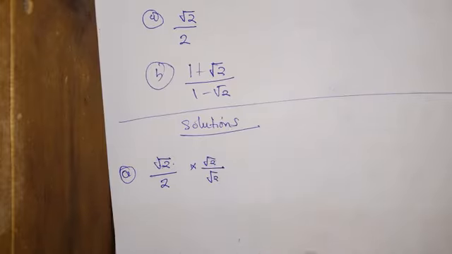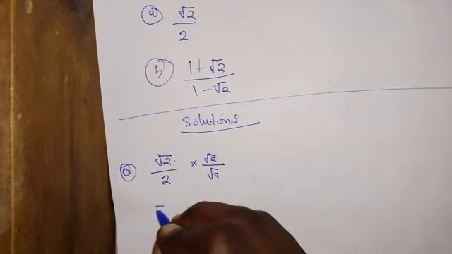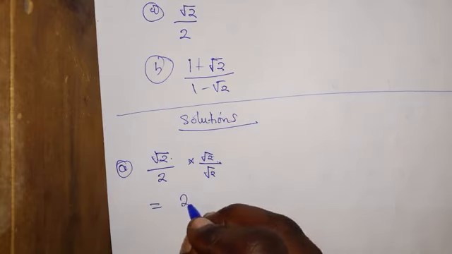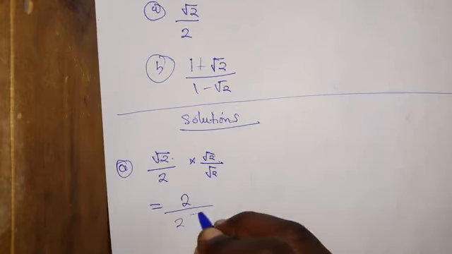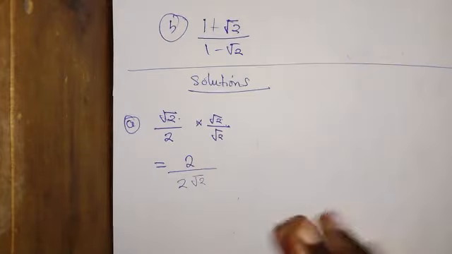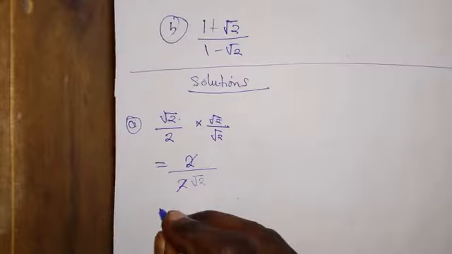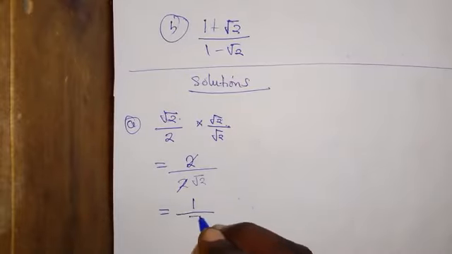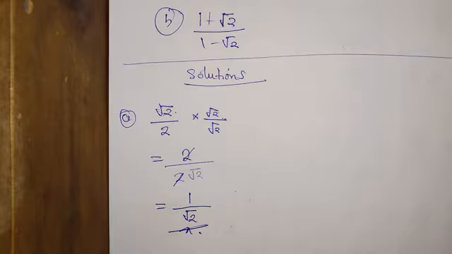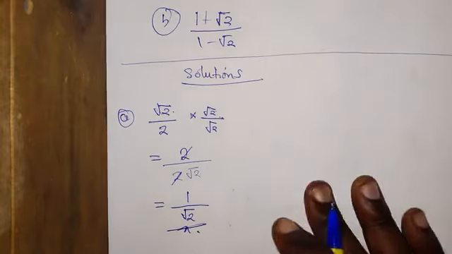So this is now root 2 multiplied by root 2, I'm going to have a 2 over 2 root 2. And then this 2 and this 2 can go, and I'm going to have 1 over root 2 as my answer.